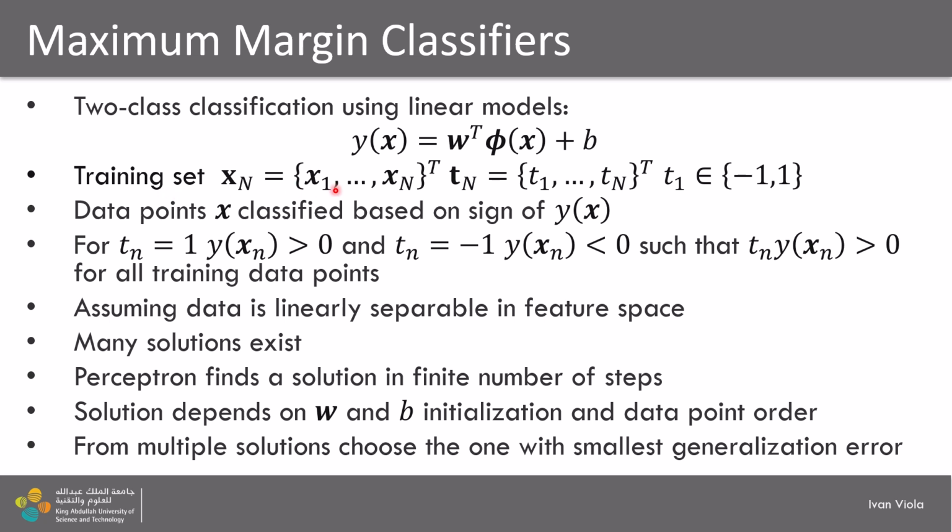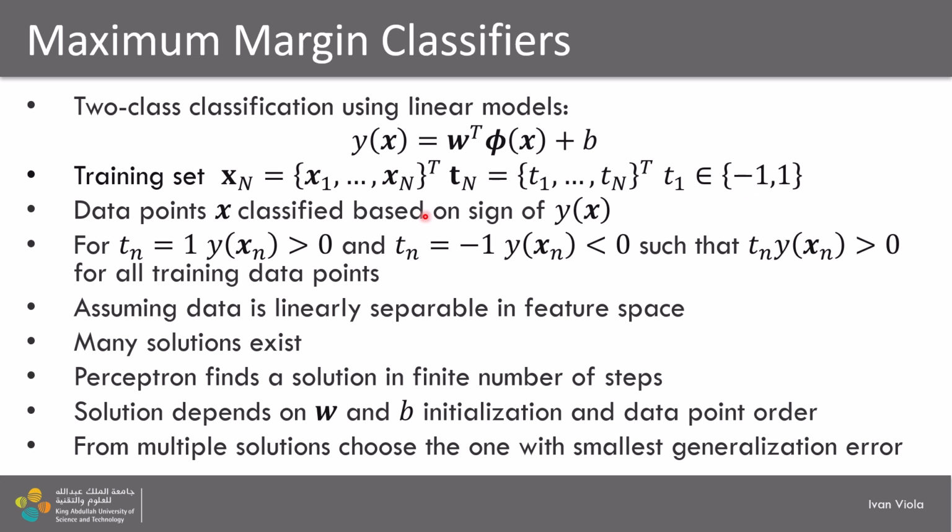Now we have a training set with associated input points and target outcomes. Here, t_n has a value of either -1 or 1, so not 0 or 1, similarly to the perceptron, which we have been discussing before.